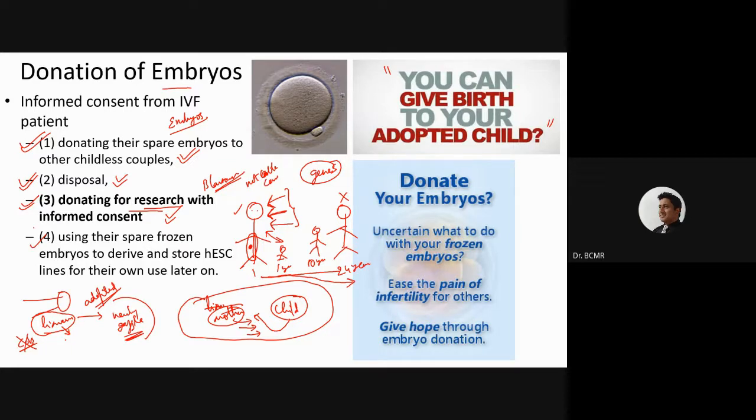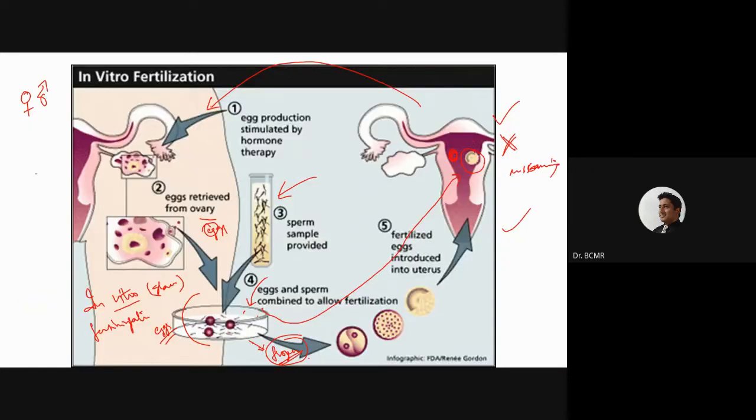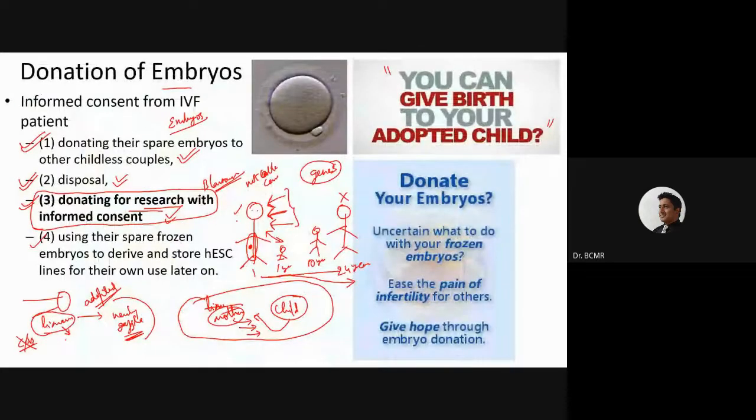But why we are talking about this is that it is the only source of human embryonic stem cells, if anybody has donated. You cannot isolate an embryo from a living human like this. It's very difficult, tedious, and may not be fruitful because the egg is small and you have to go through operation on many things. So the only legal way is to get these frozen embryos of the couples, and you should always get informed consent.